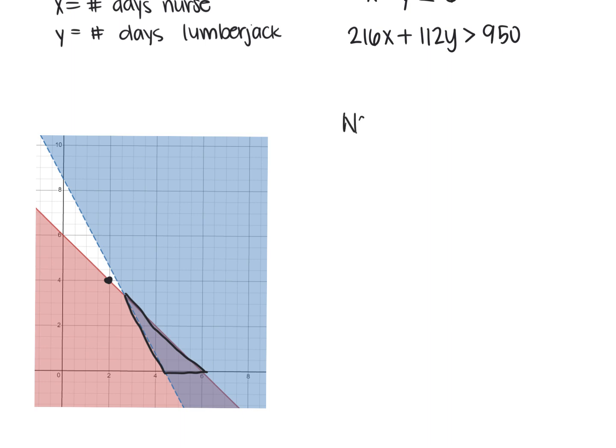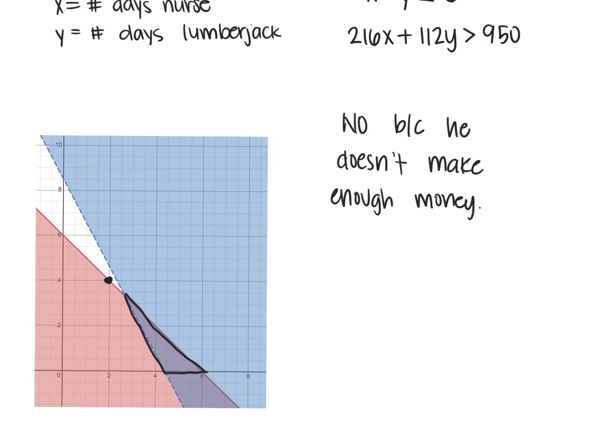So the answer is no, because he doesn't make enough money. Even though 4 plus 2 is less than or equal to 6, so he isn't working more than the number of days, he's not making enough money, which is the problem.